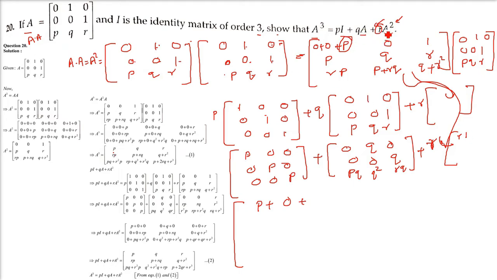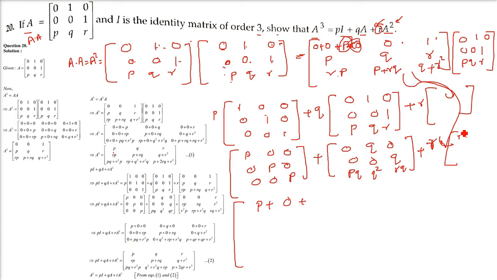This A square we have already computed. So this is R into P. It will be 0, this 0, 0, 0, as I told you earlier also. This is 0. I'm just changing it because 0, 0, all are zeros. The rest of the things are okay, but the first one I changed, so it is 0.